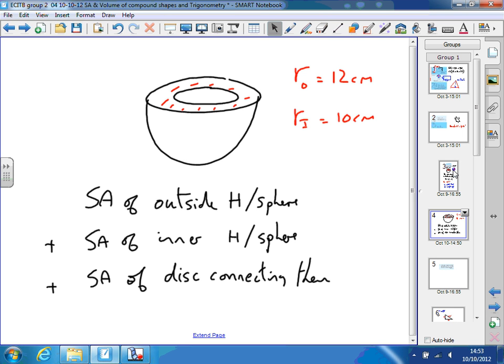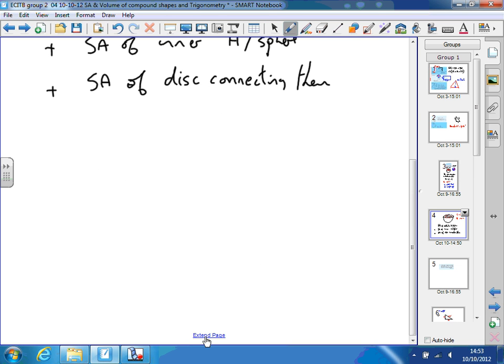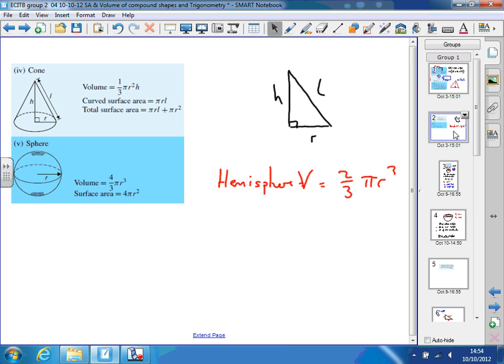And what I would suggest is that you've drawn it, you've written your plan, and then you go through it. So in sections, surface area of outer hemisphere, as a title almost. And then do that calculation. What's the formula for the surface area of a hemisphere? If we go back to our, there's the surface area of a sphere, 4 pi r squared.